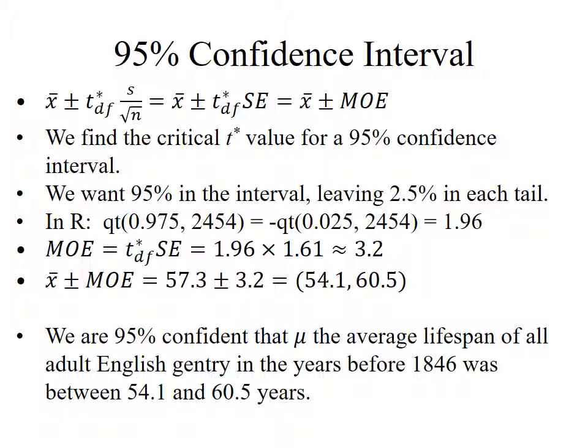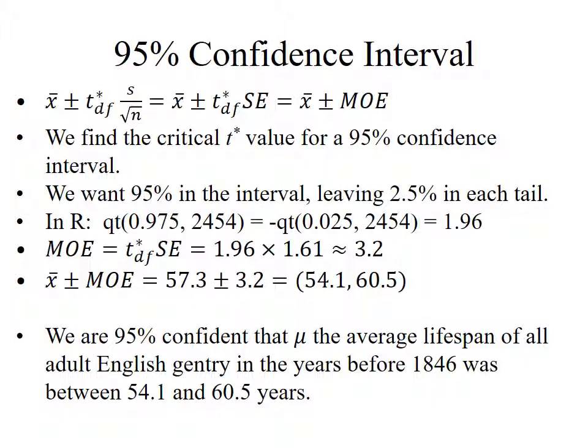In R, the command for getting this critical t-star value is qt. We're going to put in a probability, we're going to get out a t-value. So we do qt of 0.975, having 97.5% less than us, and then 2.5% to the right of us. We have to put in the degrees of freedom because there's a different t distribution for every different level of degrees of freedom.